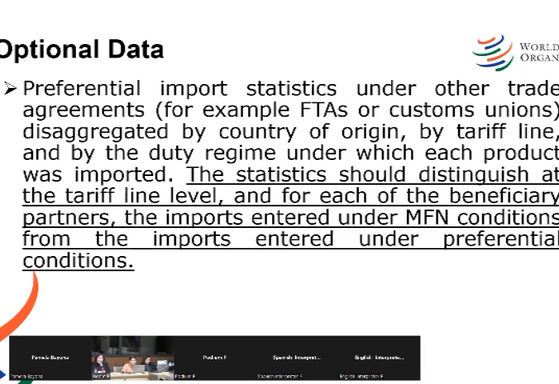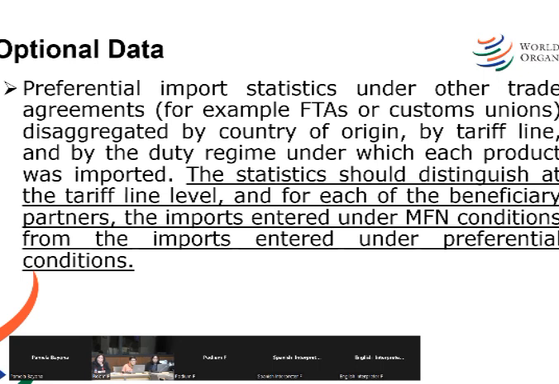For example, FTAs or customs unions, disaggregated by country of origin, by tariff line, and by tariff line we mean the national tariff line code used by the country, and by the duty regime under which each product was imported. And this is very important, the highlighted part.